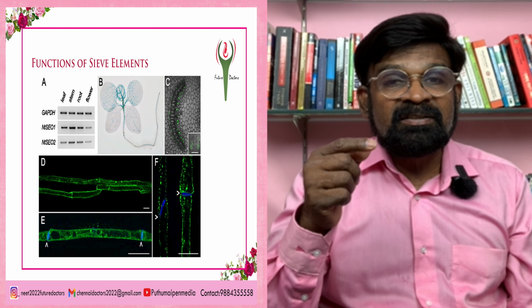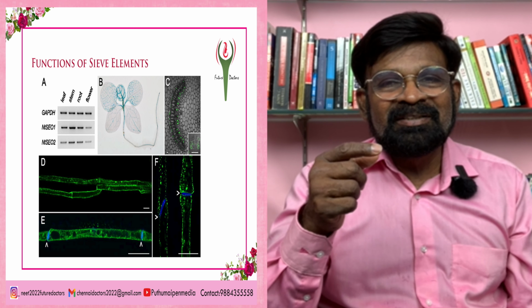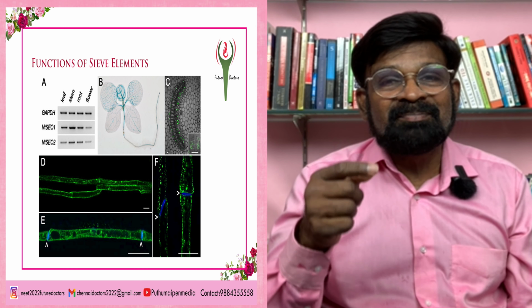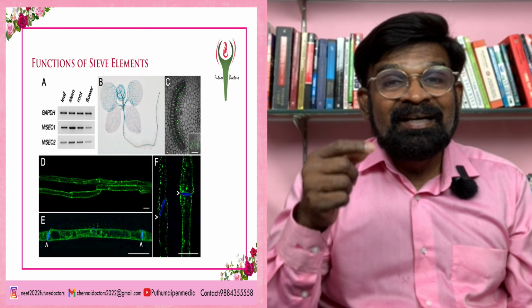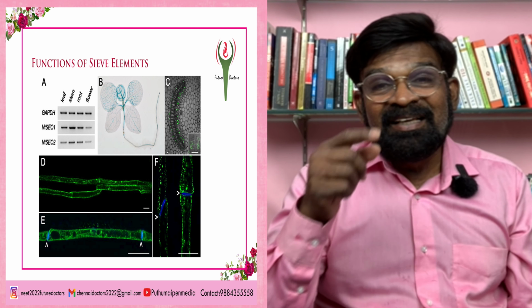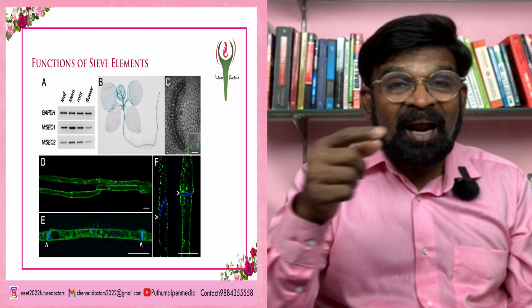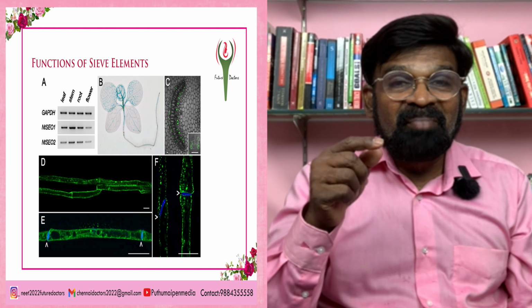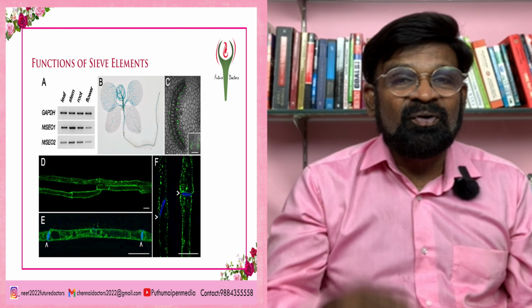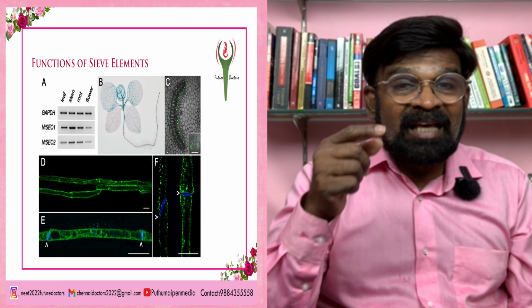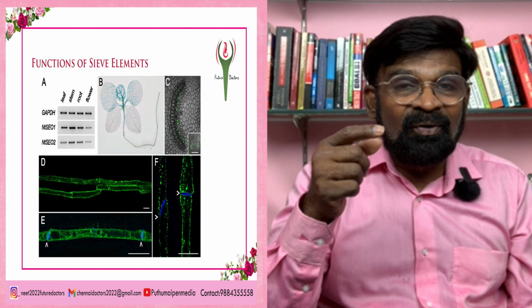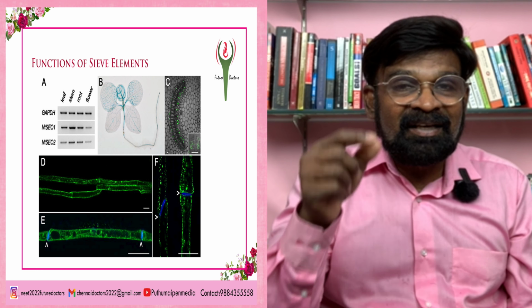Phloem fibers. The phloem fibers or the bast fibers are made up of sclerenchymatous cells. These are generally absent in the primary phloem but are found in secondary phloem. The cell walls of phloem fibers are very thick.